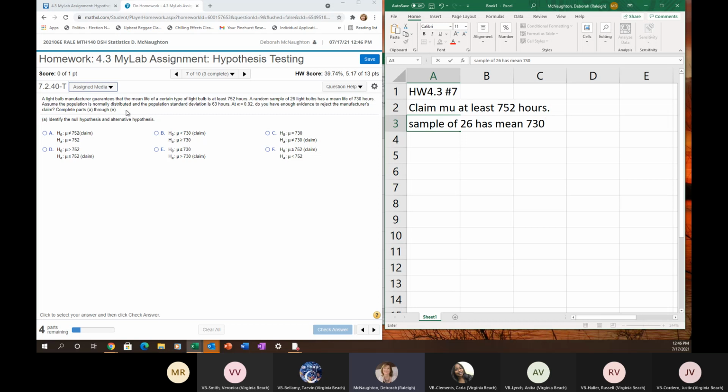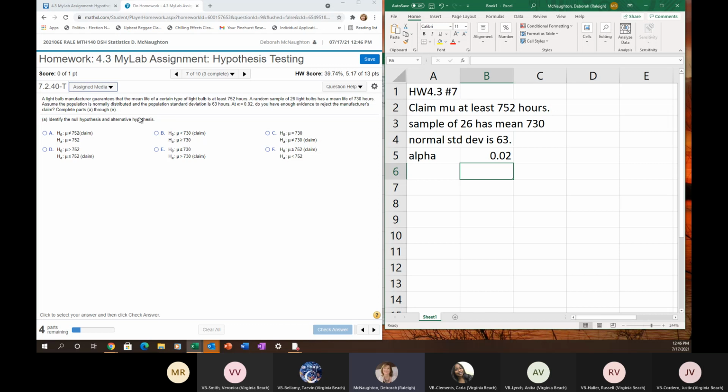Assume the population is normal and the standard deviation is 63. And they tell us that alpha is 0.2. Okay, so they gave us that.